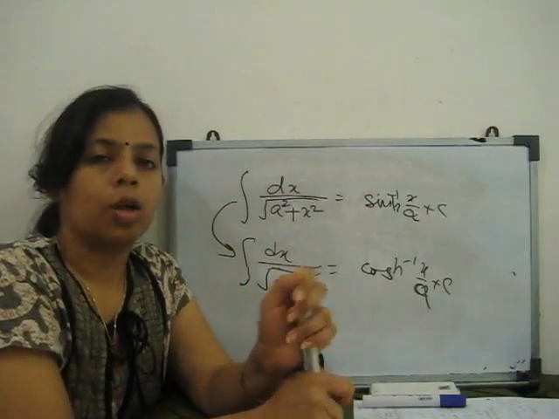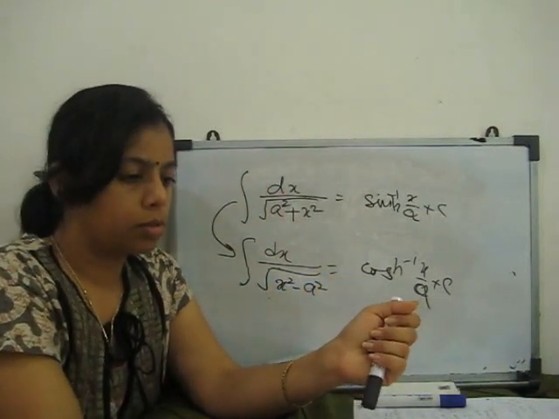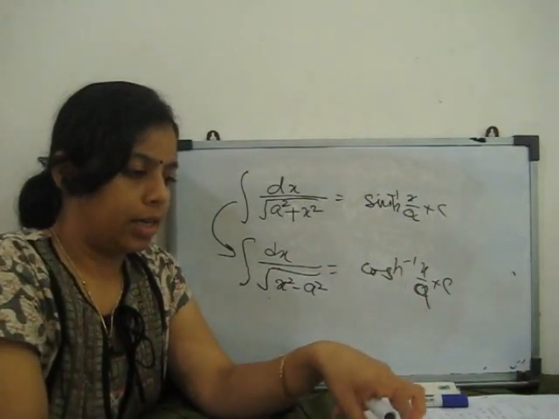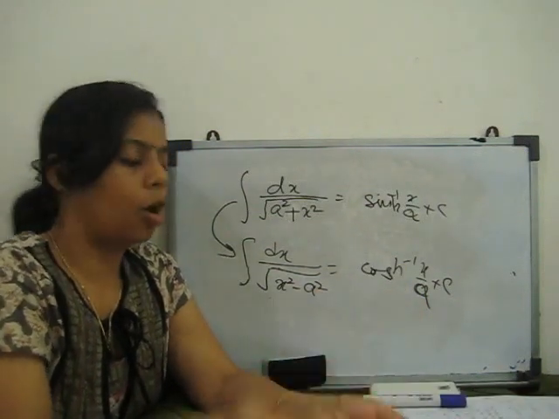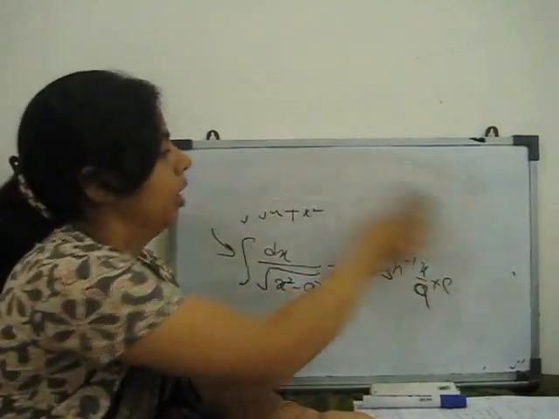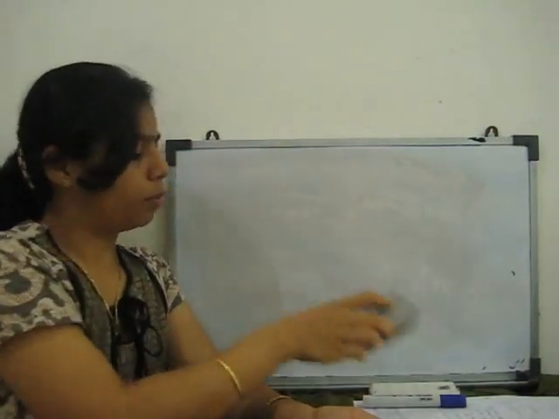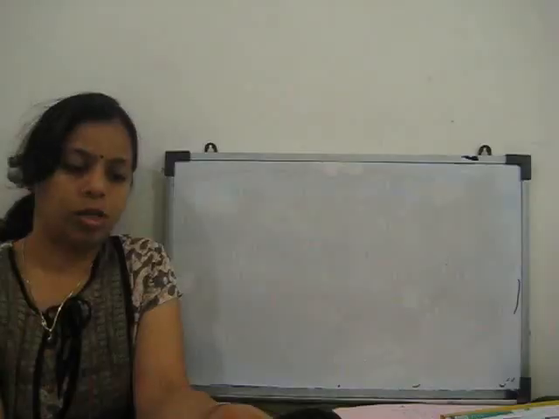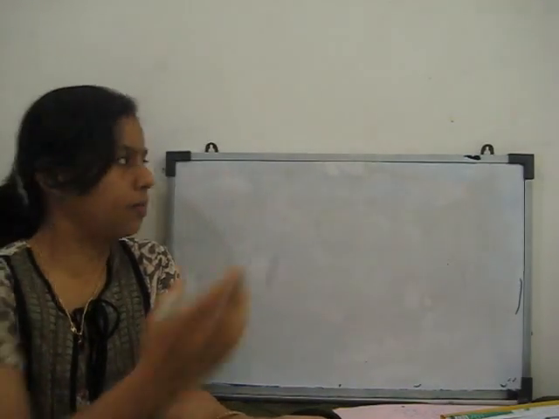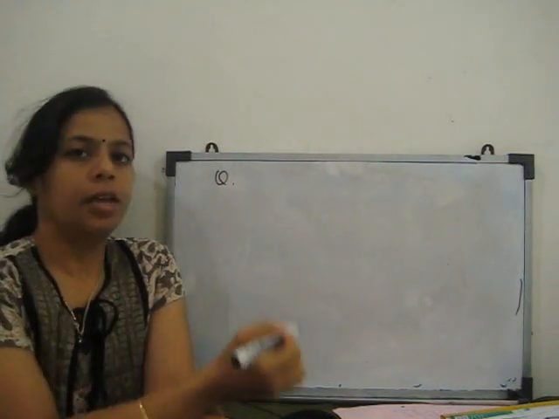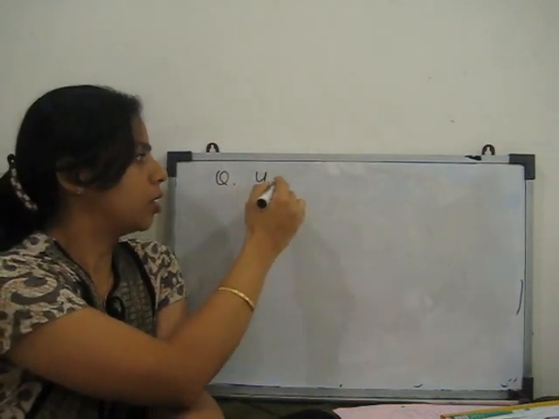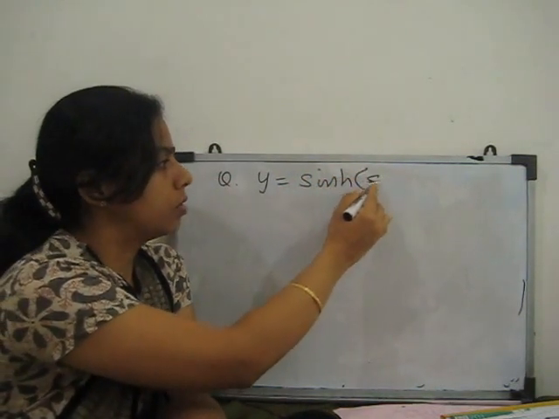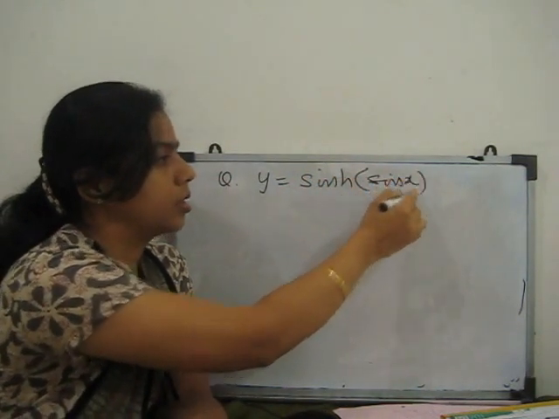Now I will solve some basic problems for hyperbolic functions, how you can differentiate or integrate them. I will use differentiation first. First one, derive some hyperbolic functions. The question is, we have given y is equal to sine hyperbolic of sine x.